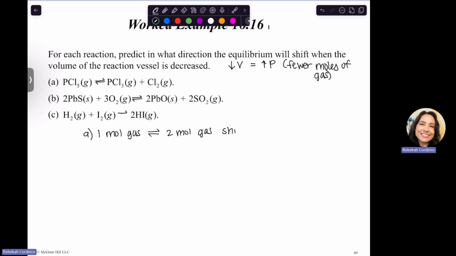So we're going to shift left. You can also think about it as if you decrease the volume, that's like doubling the concentration. I didn't give you concentrations, so you can't really do the Q expression there. But you can think about it in terms of just going to fewer moles of gas.